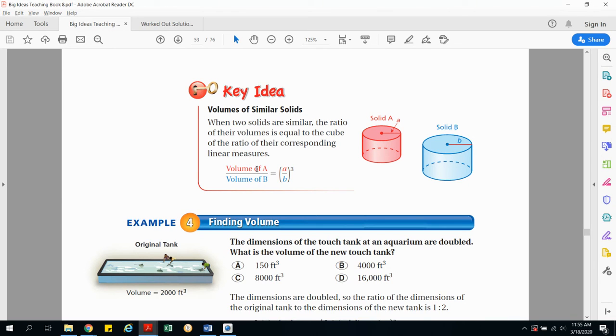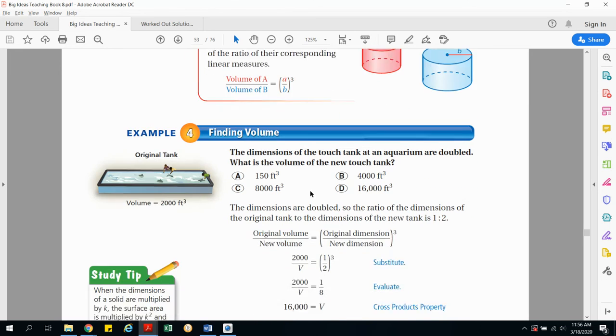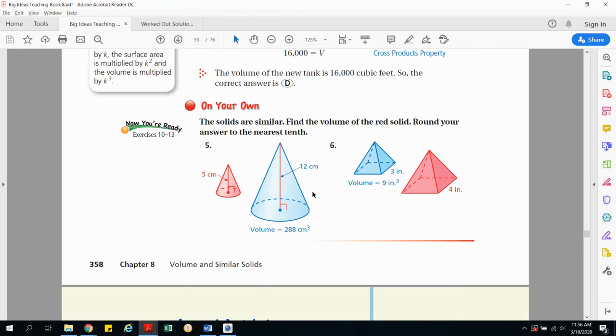So again, volume of red, or volume of A, over volume of B is equal to the ratio of the linear dimensions cubed. So surface area, we square it. Volume, we're going to cube it. If I look at number 5 here, the solids are similar. Find the volume of the red solid. Round your answer to the nearest tenth.